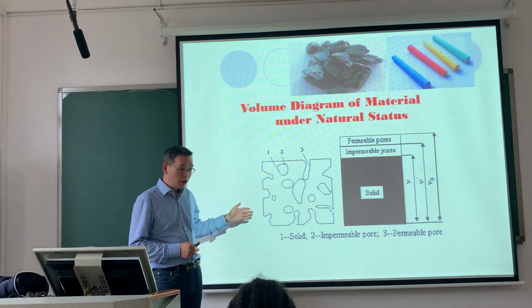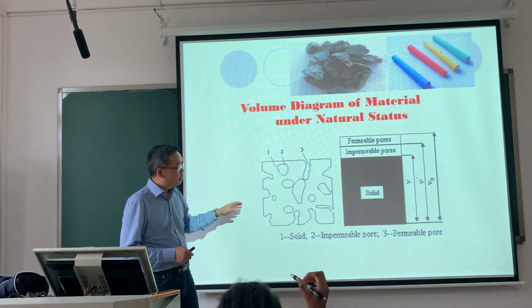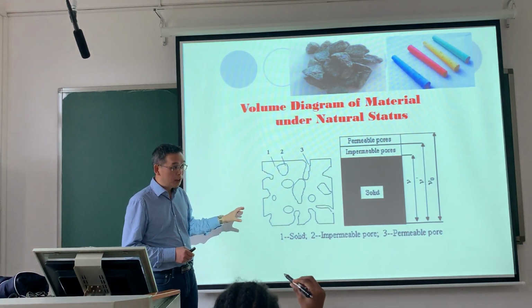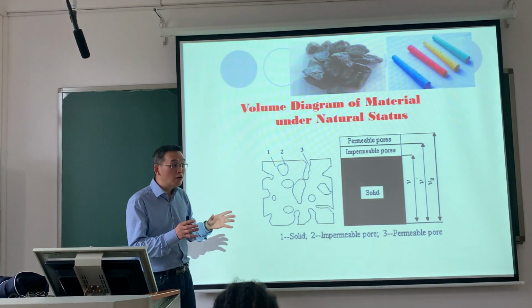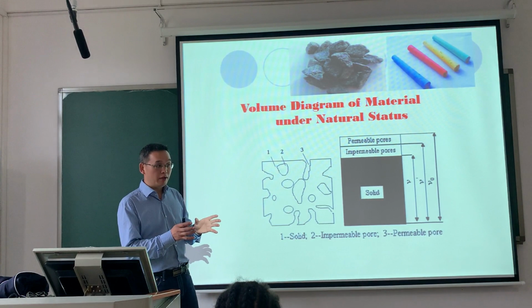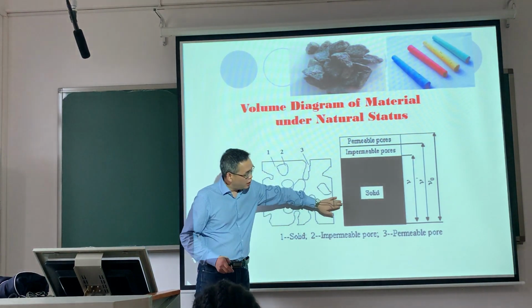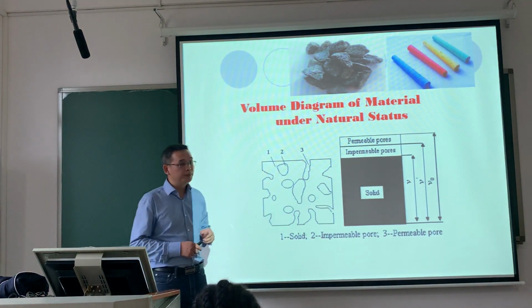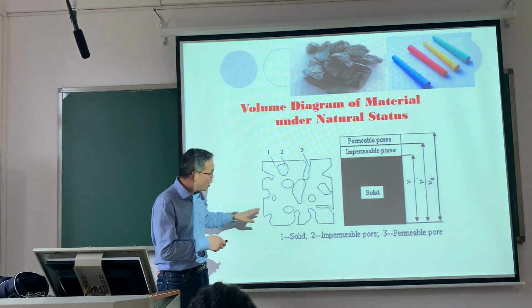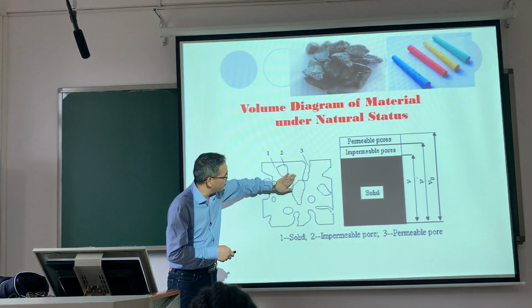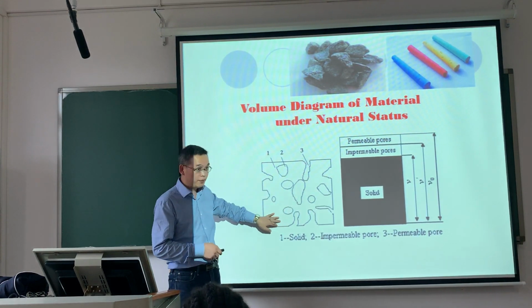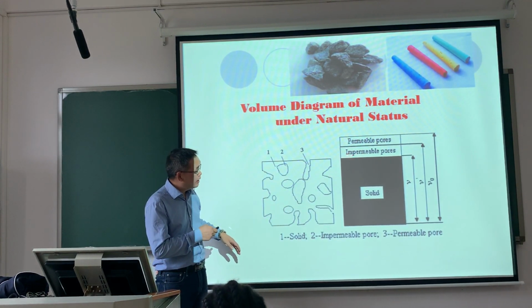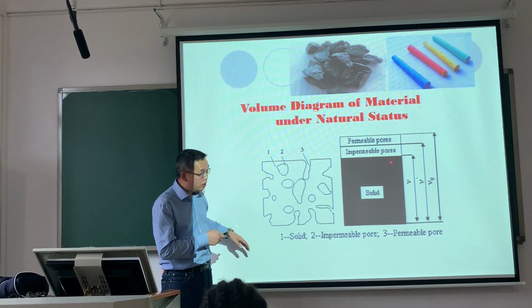So, for a material at natural state, the volume of the material consists of three parts. The first one is the solid. This is the volume of the solid. And then there is the impermeable pore.